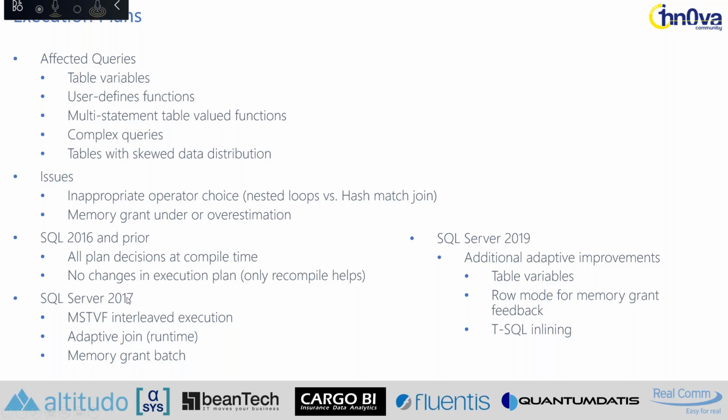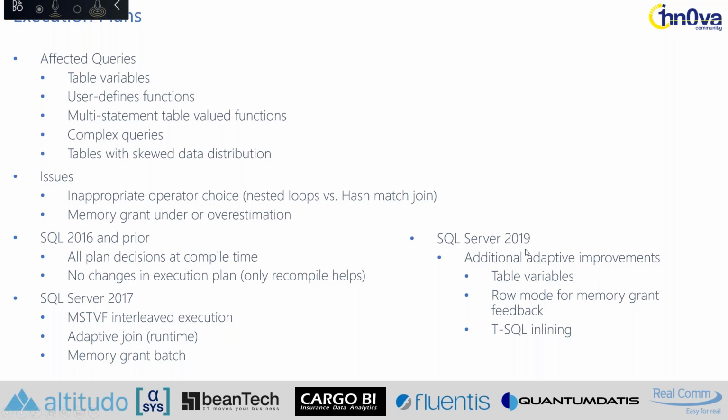In SQL Server 2017, you have multi-statement table valued function interleaved execution, which enables SQL Server to know the exact number of rows coming from the multi-statement table valued function. You have adaptive join in batch mode only, which is also in batch mode in SQL Server 2019, which enables SQL Server to choose at runtime between nested loop or hash join. We will talk about that later. And you also have memory grant batch feedback, which in SQL Server 2019 is available in row mode also.